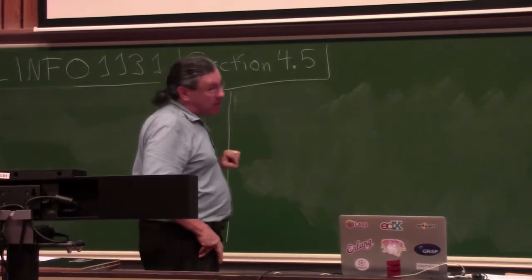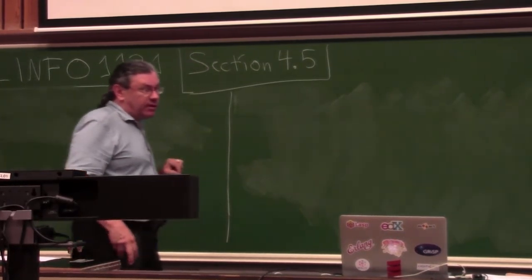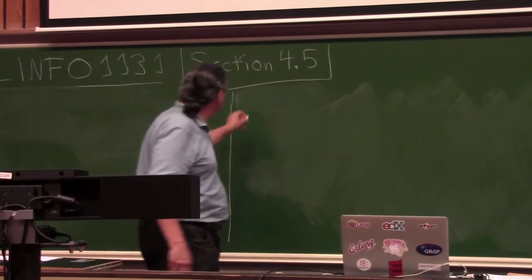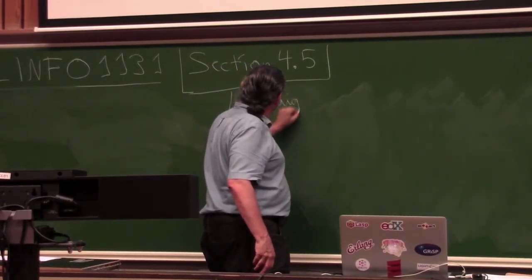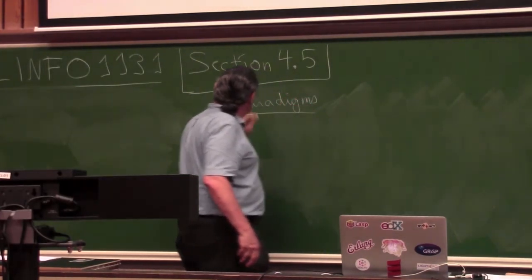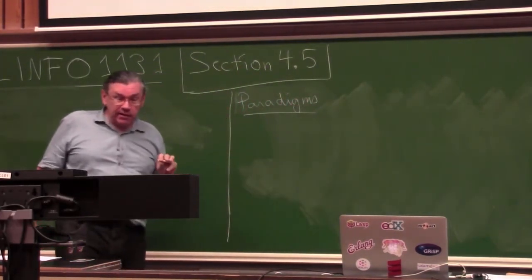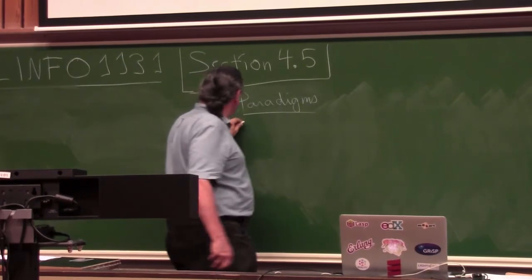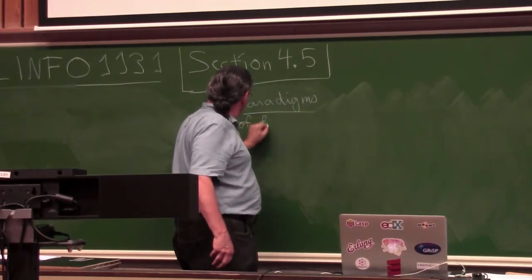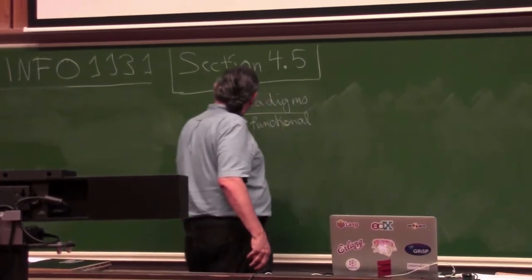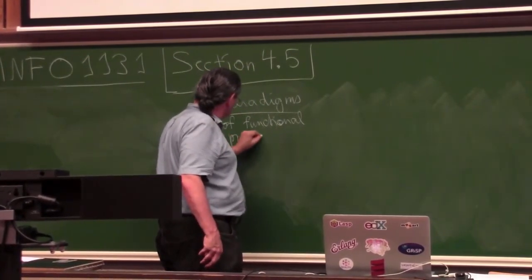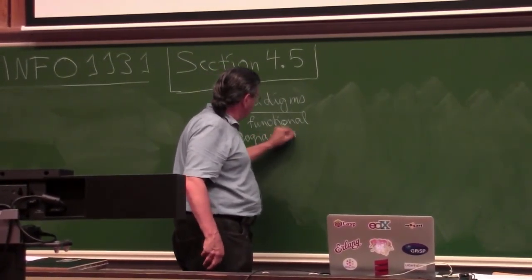Okay? So let me give now a little bit more theory here. Let me take one step back. Before showing you programs, let me explain a little bit. Now we have seen the different paradigms of functional programming. We have seen three now, if you count the lazy.